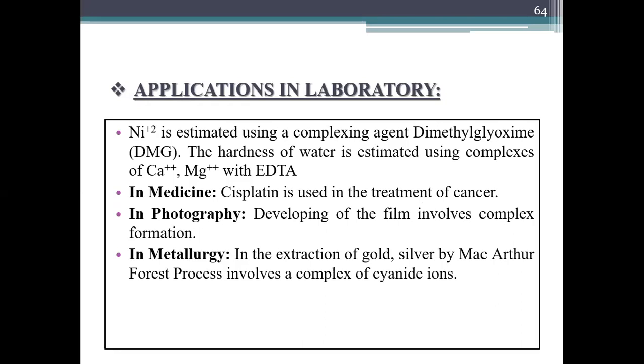The hardness of water is estimated using complexes of calcium and magnesium with EDTA. In medicine, cisplatin is used in the treatment of cancer. In photography, developing of the film involves complex formation. In metallurgy, the extraction of gold and silver by the MacArthur-Forrest process involves a complex of cyanide ions.